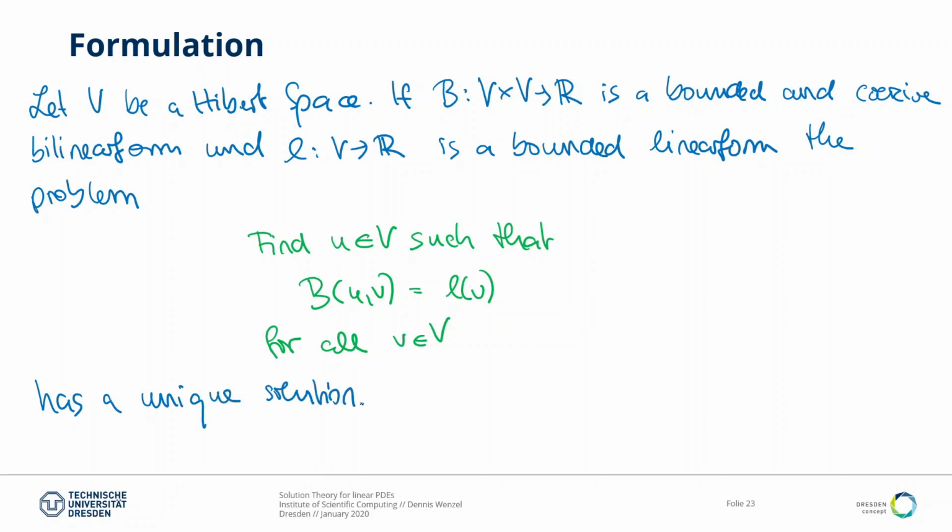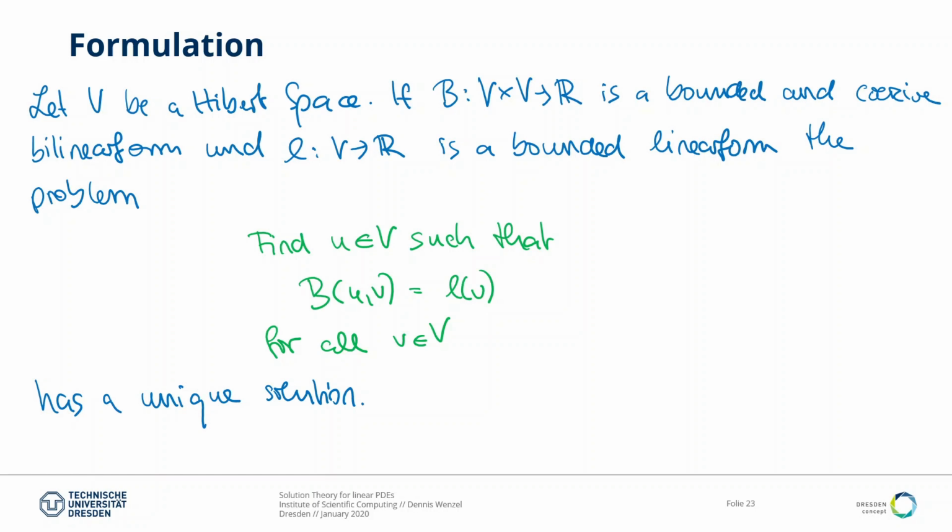Okay, let's look into this. What do we need here? We need a Hilbert space. Okay, we are on H1. Always when we talk about this in the following, we talk about the space H1. Then we need a bilinear form that is bounded and coercive, and we need a linear form that is bounded.